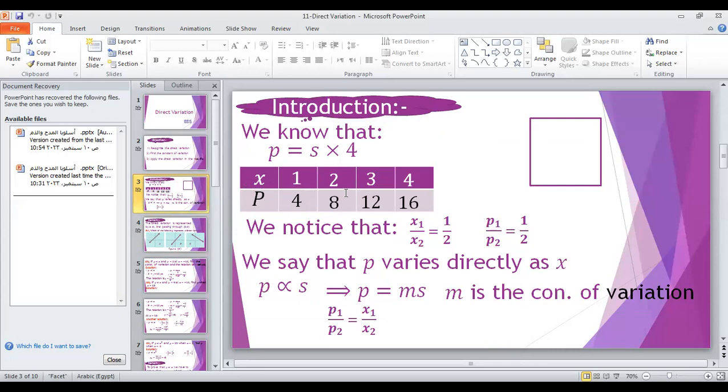If we put for x the values 1, 2, 3, 4 as the side and find the perimeter in each case, if the side length equals 1, then the perimeter equals 4.